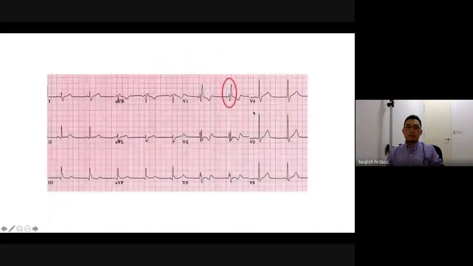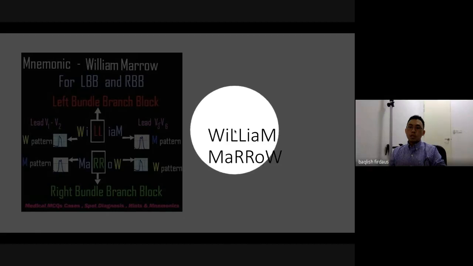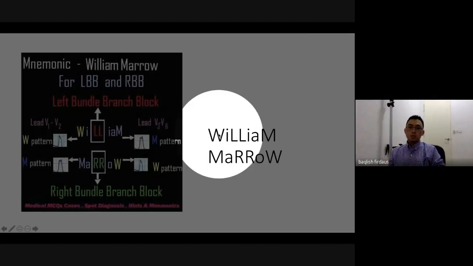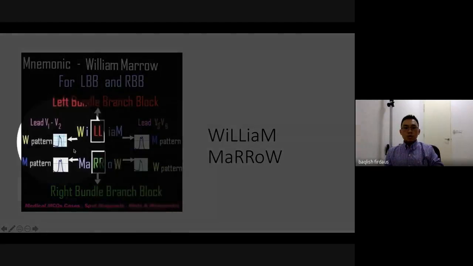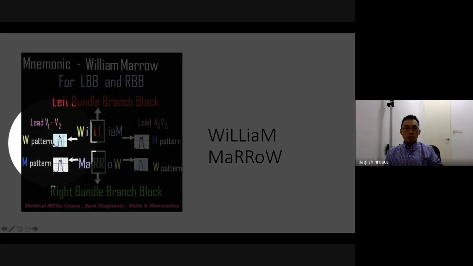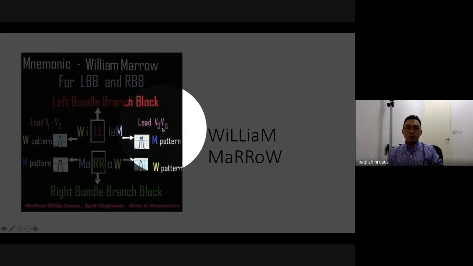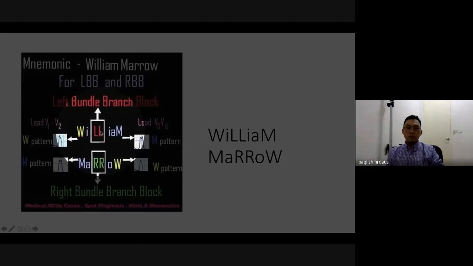So I have a mnemonic for you. Just remember this: William and Marrow. If you see William, meaning a W shape in lead V1 and V2, and an M shape in lead V5 or V6, it indicates left bundle branch block.